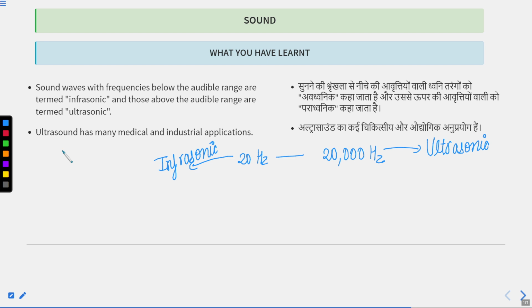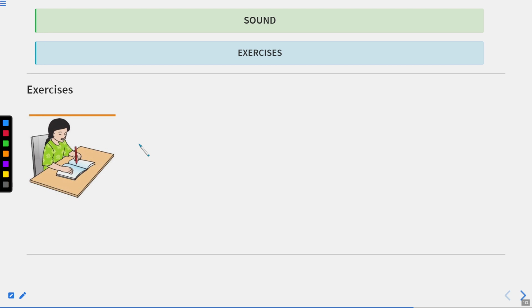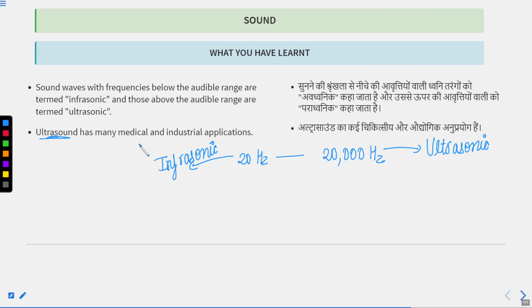Ultrasonic waves, or ultrasound, have many medical and industrial applications. And with this topic, our chapter on sound is completed. In the sound chapter, we have learned what sound is, how it is produced, how it propagates, and the characteristics of sound.